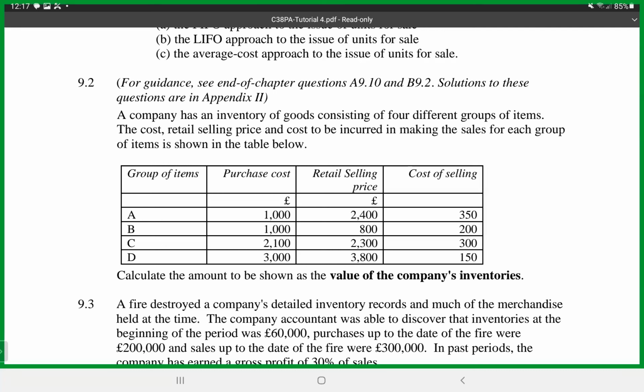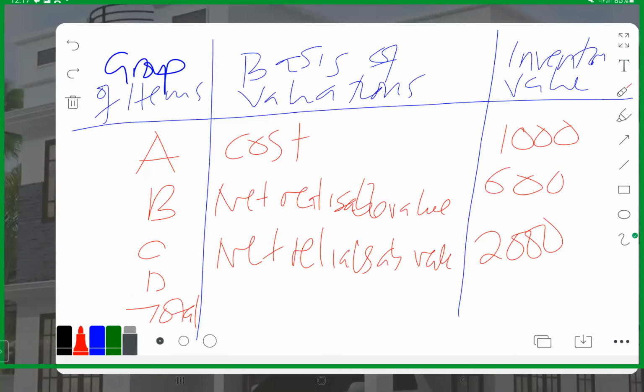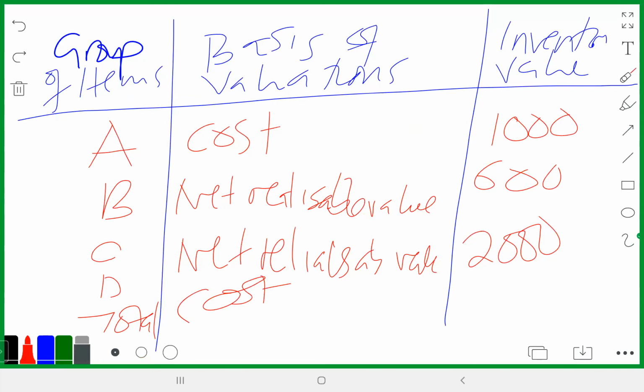Right. Then the next one, D, 3,800. For the next one, we can use the purchase cost, which means that it will be 3,000, right? Because the purchase cost is 3,000. Then you add all these to find the totals.